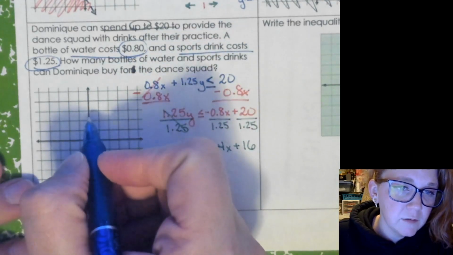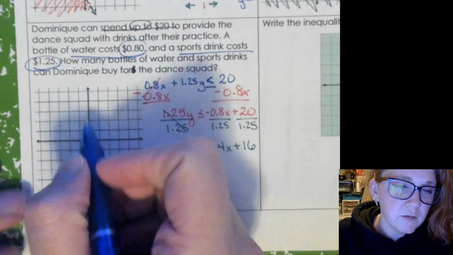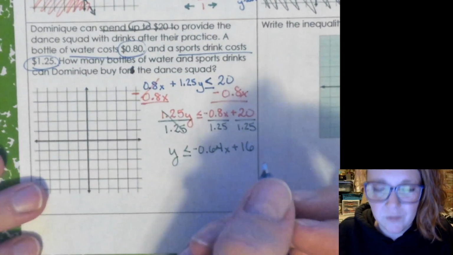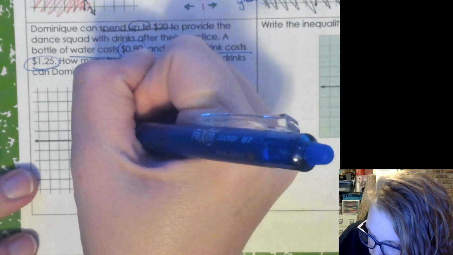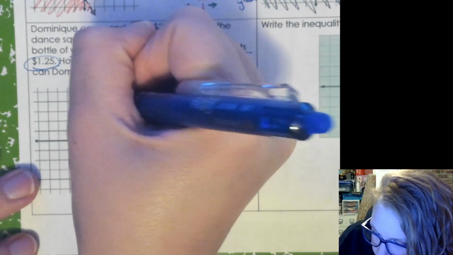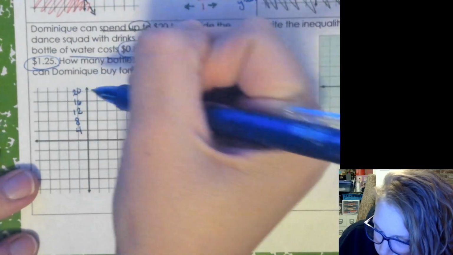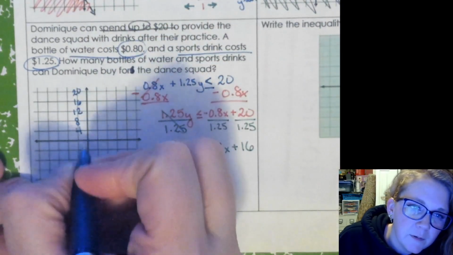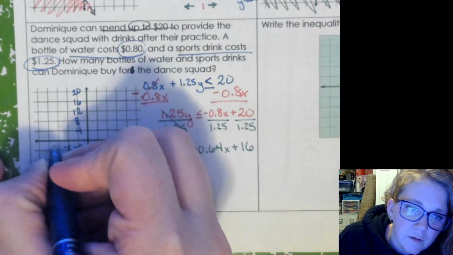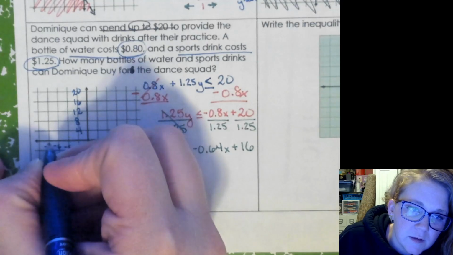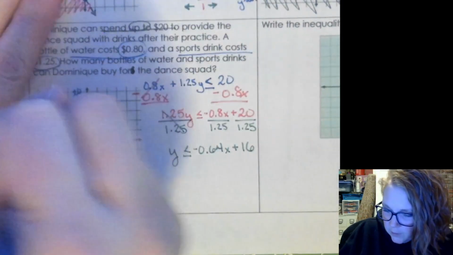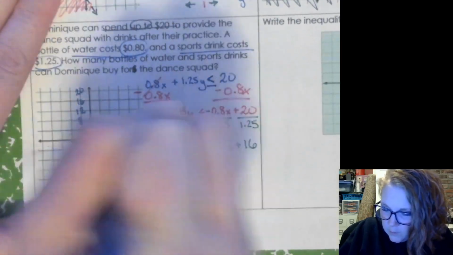Let's see. Okay, so I'm gonna count by 4s just because counting by 2s there's not room. So let's see, that's 4, 8, 12, 16, 20. And I like to label on like the opposite. Wait, why did I start at 4? I don't know.